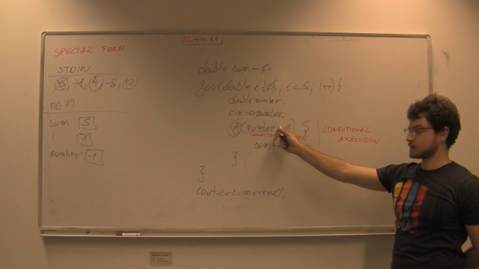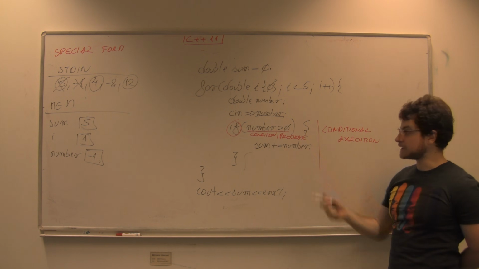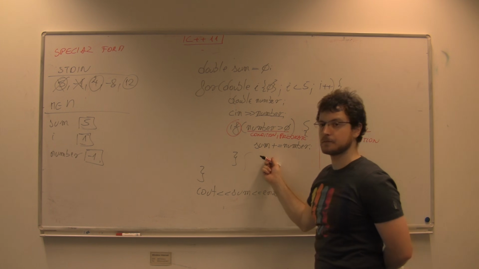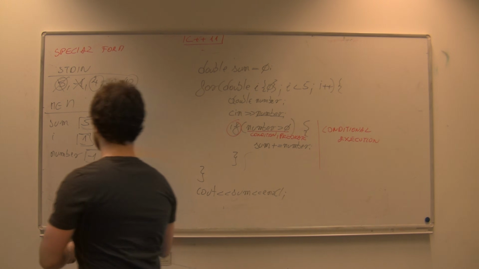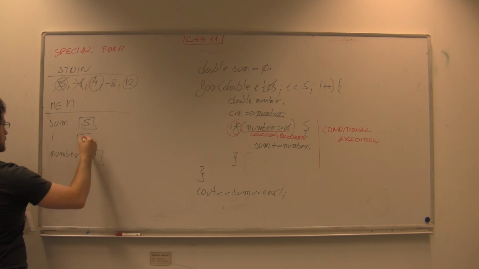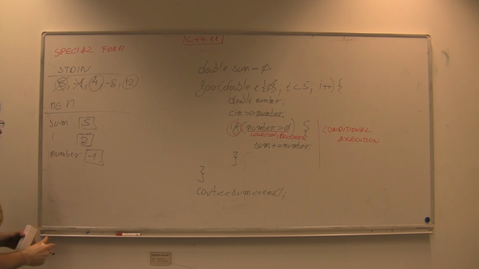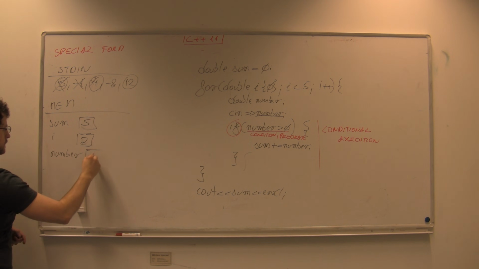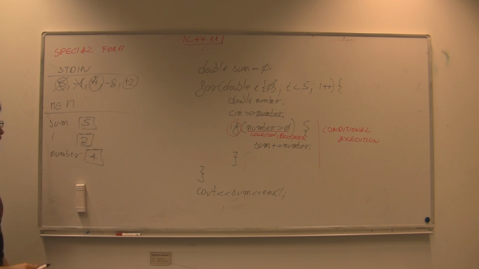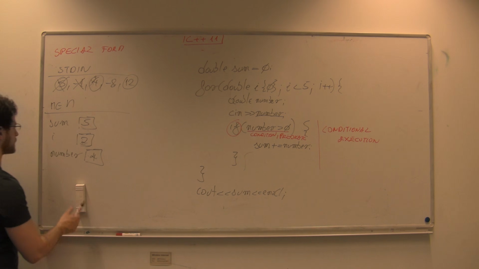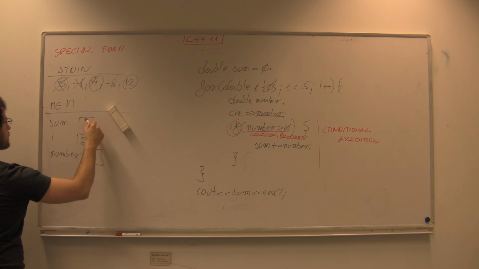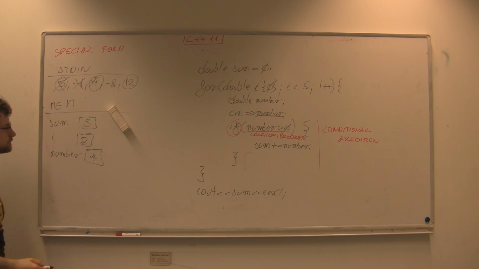Is the number greater than 0? No, it's not. In this case, we don't perform the action. So we just jump into another iteration, which means that we read another number from standard input, number 4. And in this case, the condition holds. 4 is greater than 0, so we may add it to the sum, which is 9.